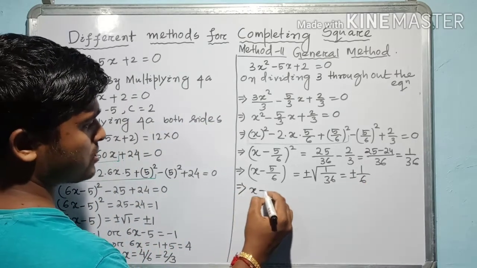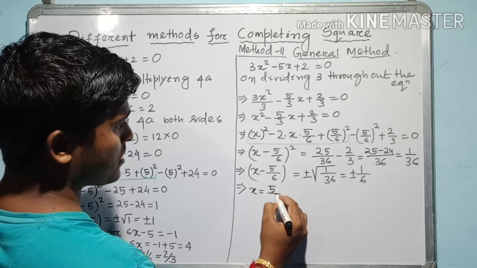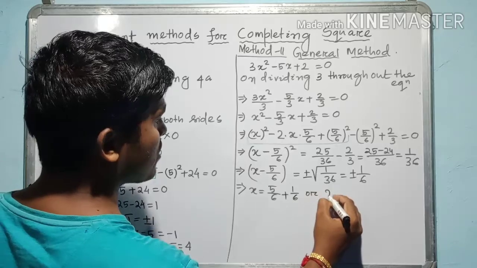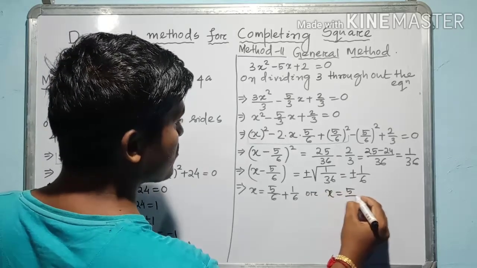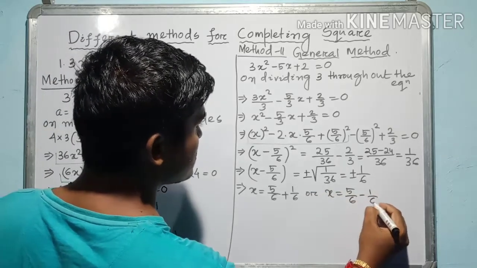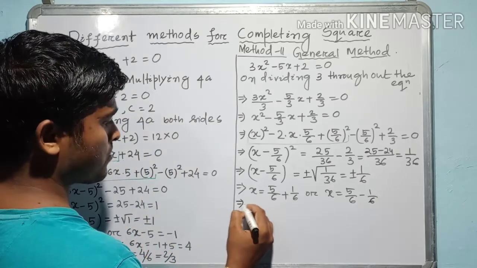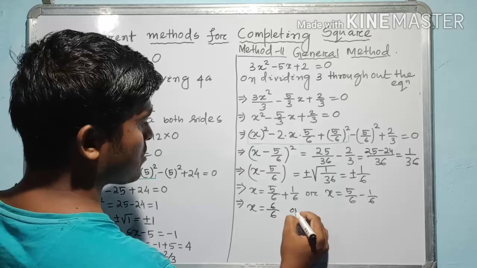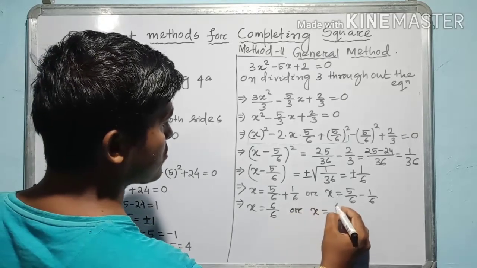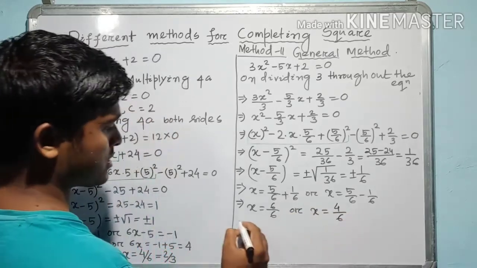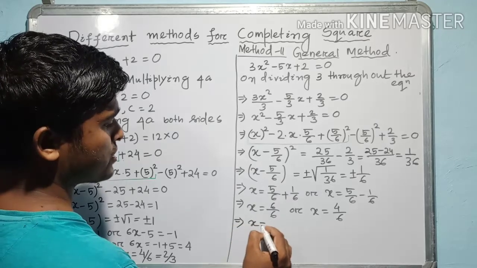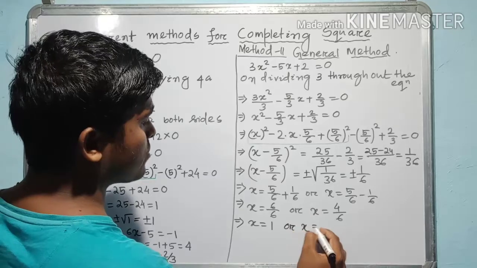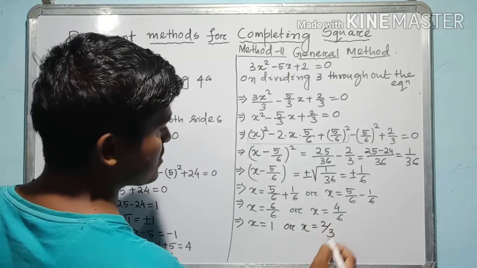This implies x is equal to 5 by 6 plus 1 by 6, or x is equal to 5 by 6 minus 1 by 6, that is x is equal to 6 by 6, which is 1, or x is equal to 4 by 6, that is 2 by 3.